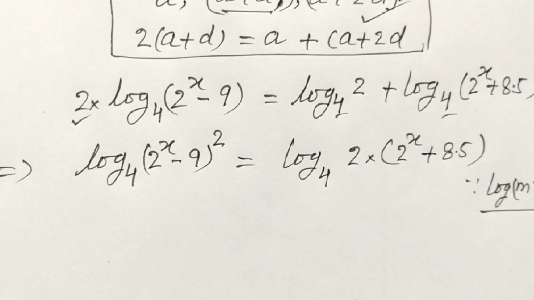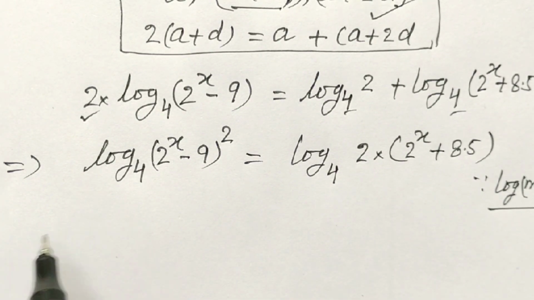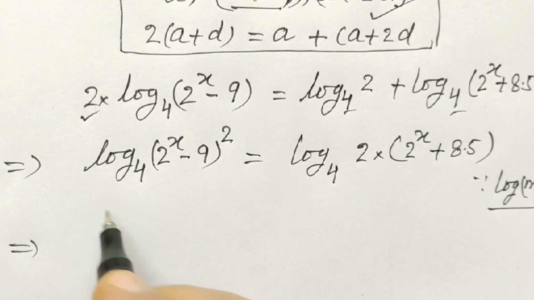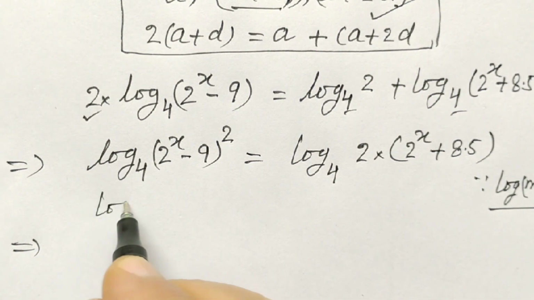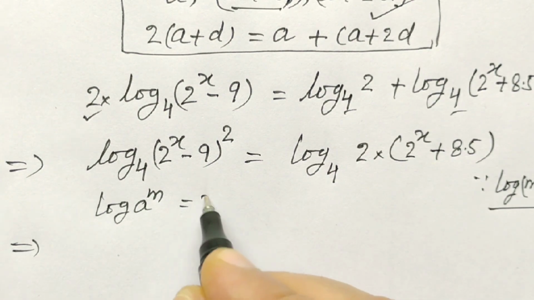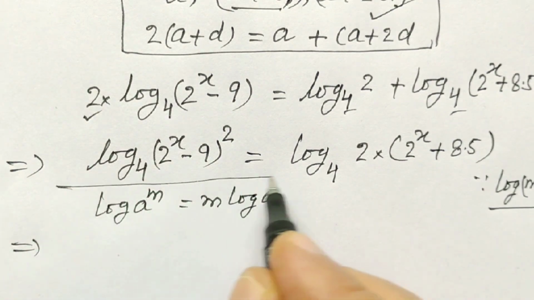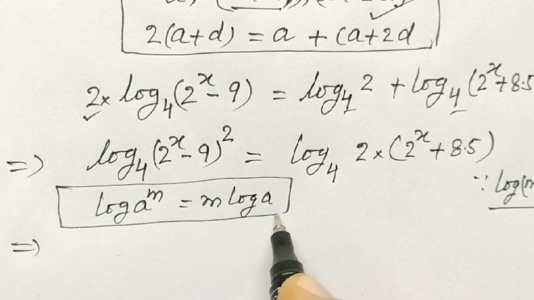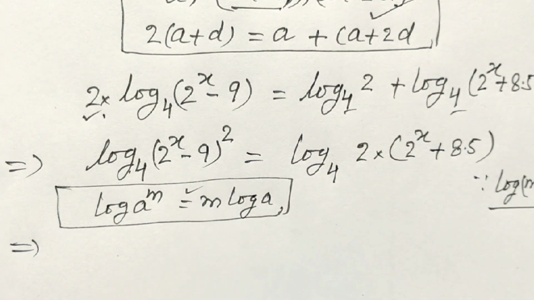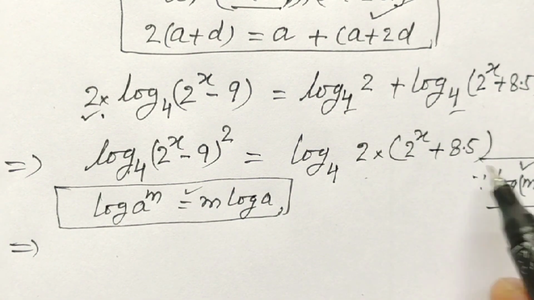And log of a to the power m is equal to m log of a. To convert this into this, we used this formula, and this into this, we used this formula.